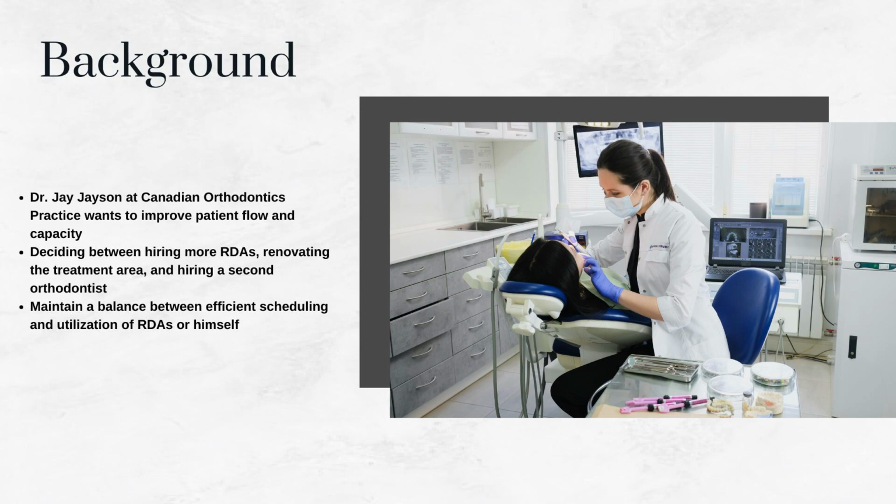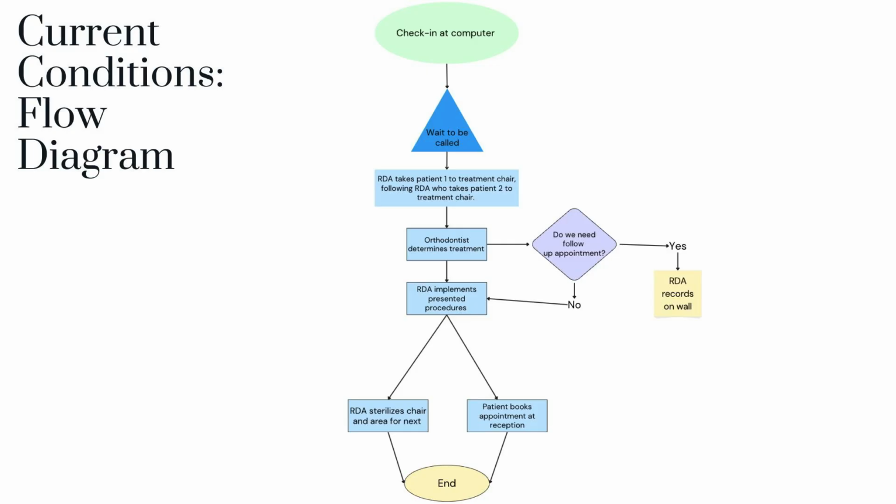In our current conditions, our flow diagram first starts with checking in at the computer for the patient, and then the patient will wait to be called, and from there, an RDA will take the patient to a treatment chair, and then the next RDA will take the next patient to another treatment chair.